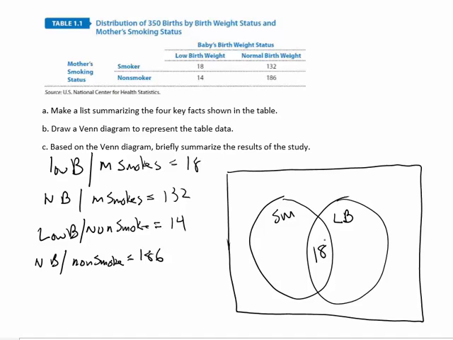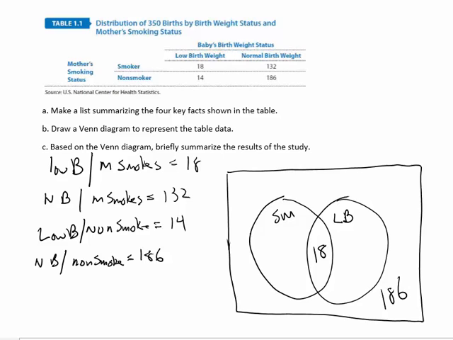Let's see, then I want normal birth and non-smoker. Normal birth and non-smoker is actually outside of our circle of influence here. So that's 186 of those fit there. Then I want low birth and non-smoker.